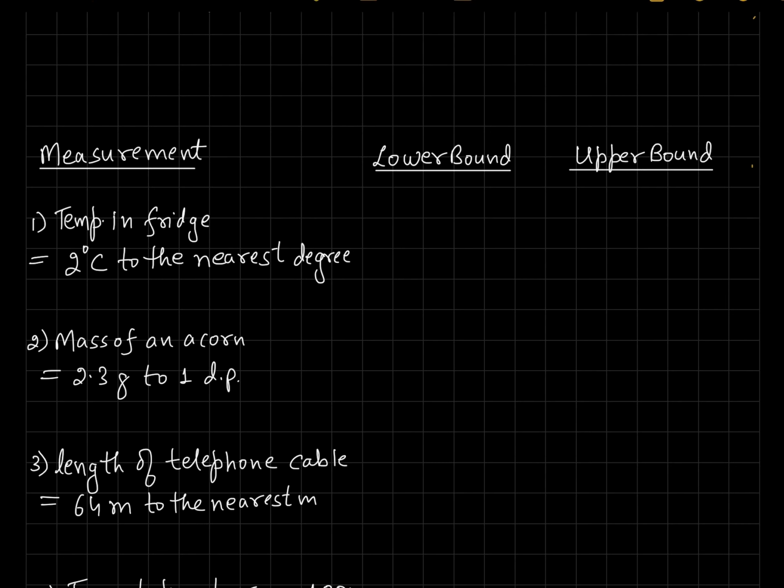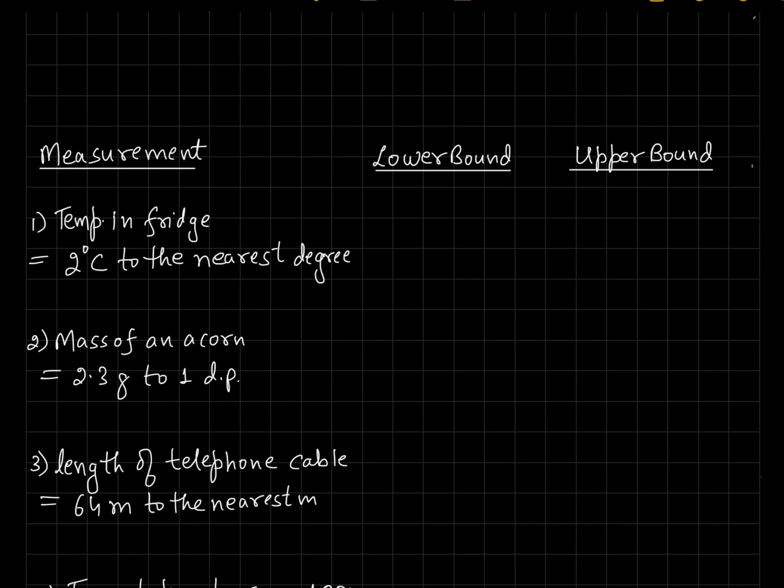Here we have the question: write the lower and upper bounds. The temperature in the fridge is 2 degrees Celsius to the nearest degree.